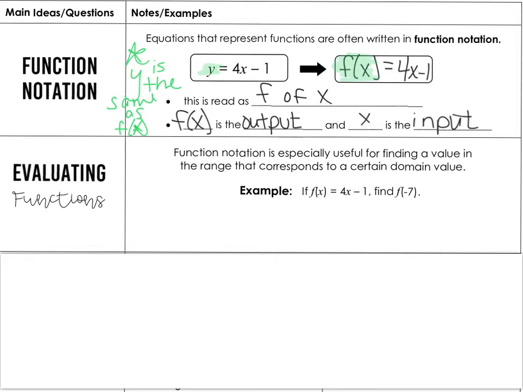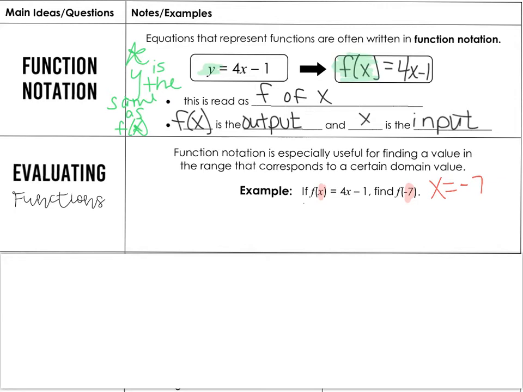It says, example, if f of x equals 4x minus 1, find f of negative 7. Now, do you notice that the negative 7 is in the parentheses? It's in the same spot as the x. So really, they're saying that x equals negative 7, evaluate it.